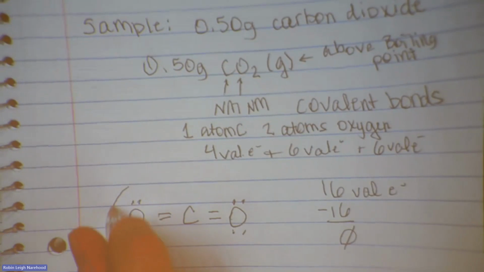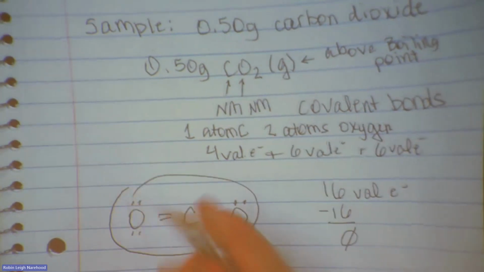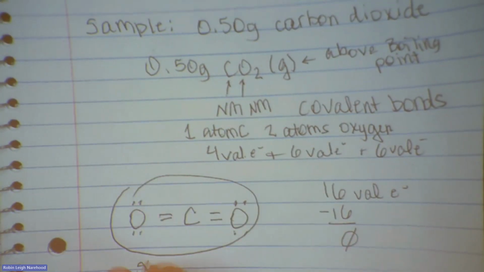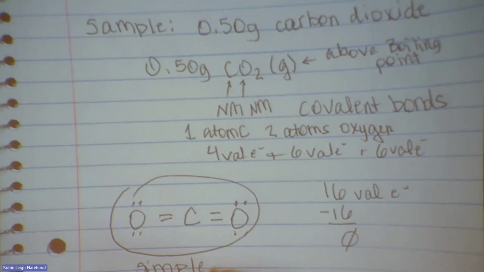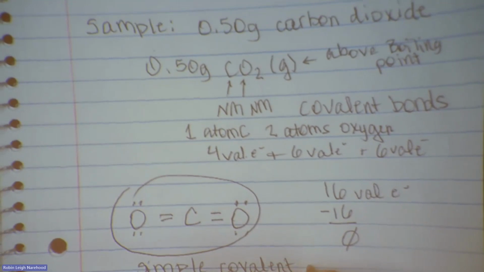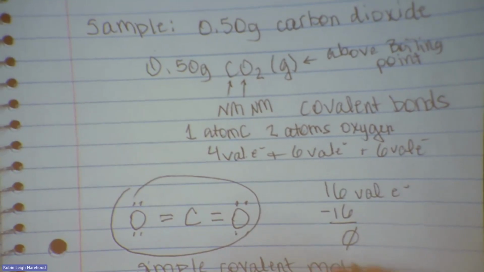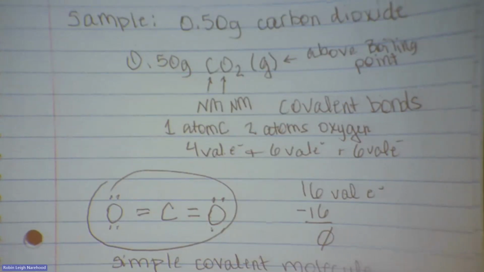What you just drew was a simple covalent molecule. So the reason it's simple is because there's just a few atoms, and because there's more than 2, there was only one thing in the middle, the rest of them were around it.